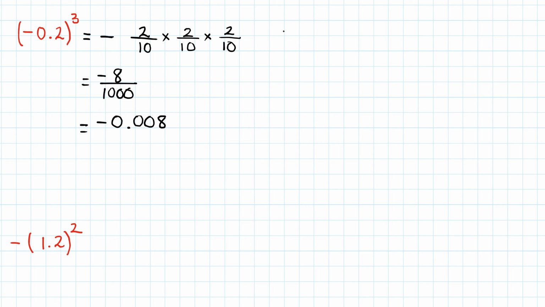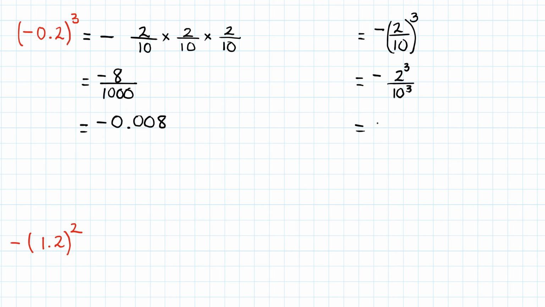The other way that you could have done it is say, okay, I know that my answer is going to be negative, agree? And then you say 2 over 10 is still all of it to the power of 3. And the way that we solve this one is I have my negative. I know that my answer is going to be negative 2 to the power of 3 and 10 to the power of 3.